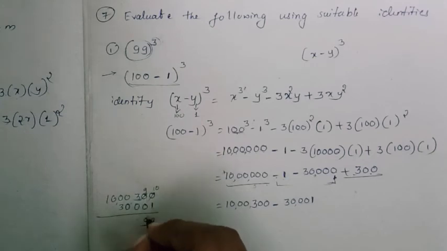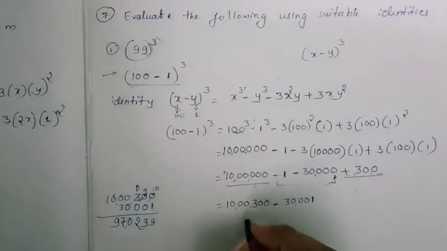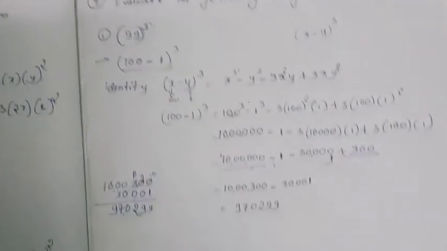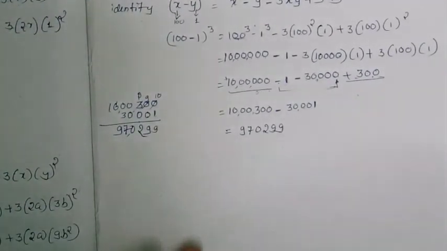So 10 minus 9, so it will become 2. Then it is 10 minus 3, so it will be 7. So 970,299. So your answer is 970,299. So this is about your first question.